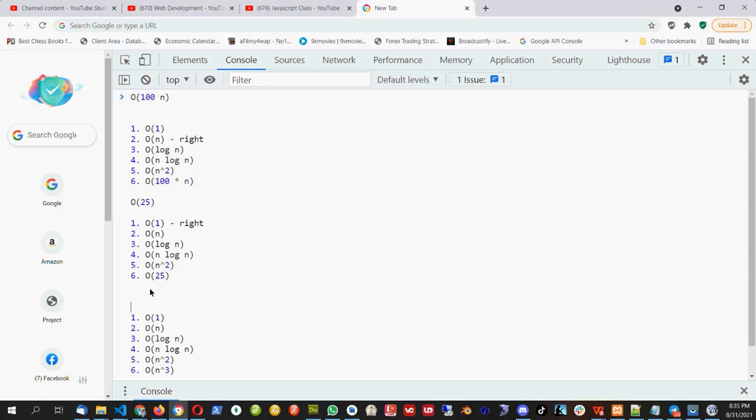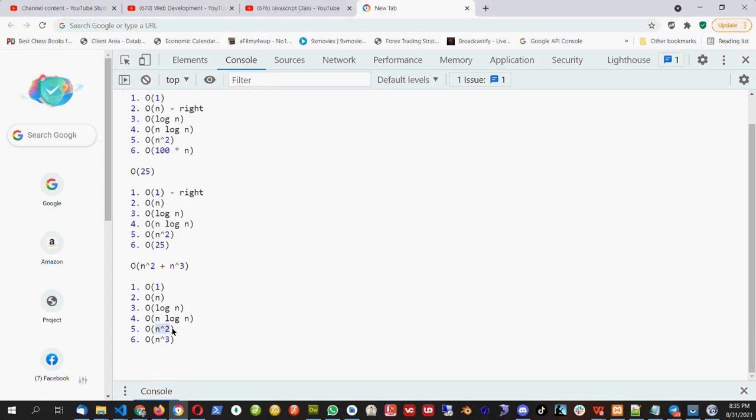Okay, so these are the answers. Let me put the question. So the question is, I have n square, and I have n cube, with the plus n between.